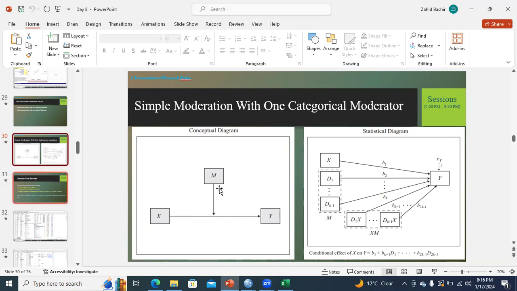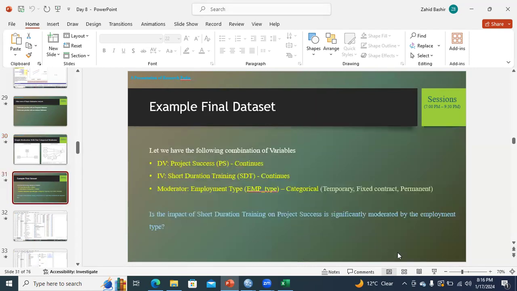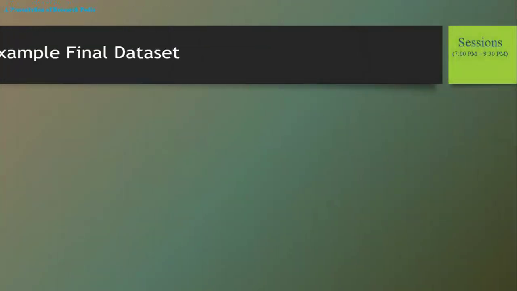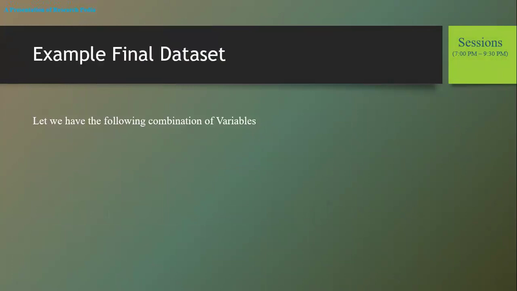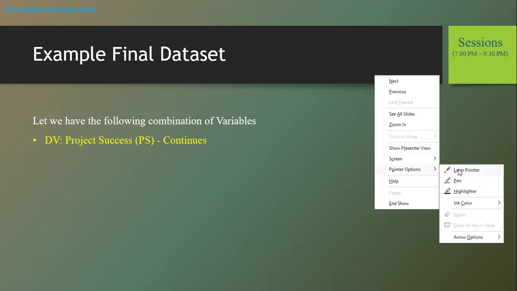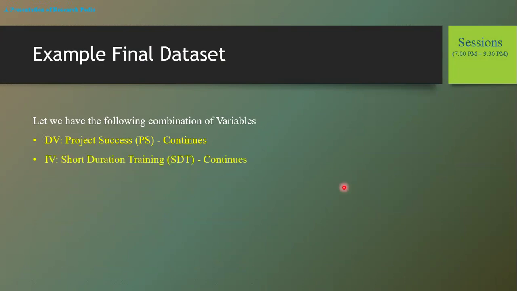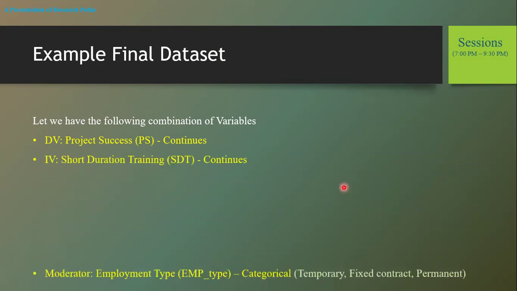First of all, we need to understand the scenario, what scenario will be applicable over here, and how we can understand that our moderating variable would be categorical. So let's say we have the following combination of variables. Our dependent variable is project success, which is continuous, and in the same way our independent variable is short duration training, which is also continuous.